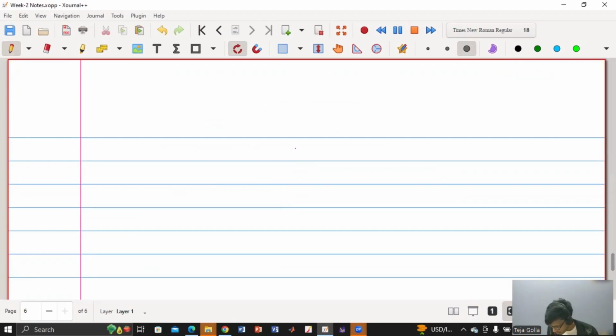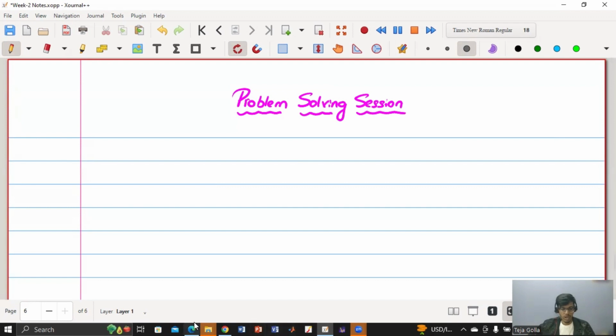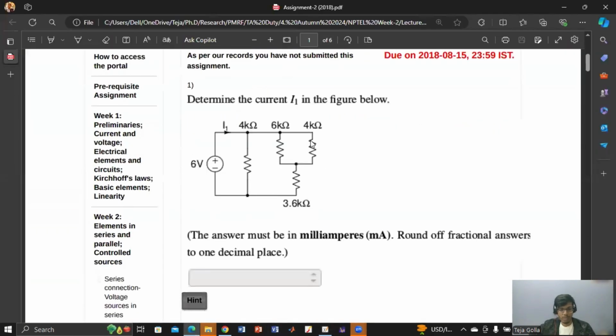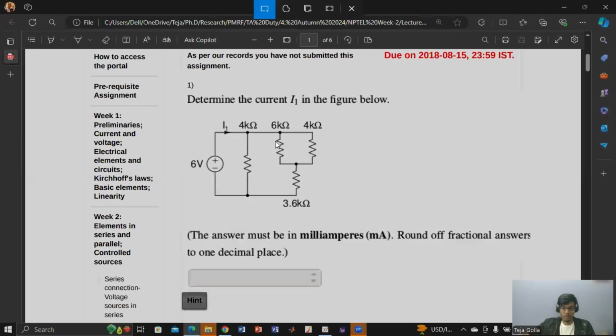So we have the problem solving session, and we have 1 hour left, so we can solve many problems. We'll start with problem one: determine the current in the figure below.